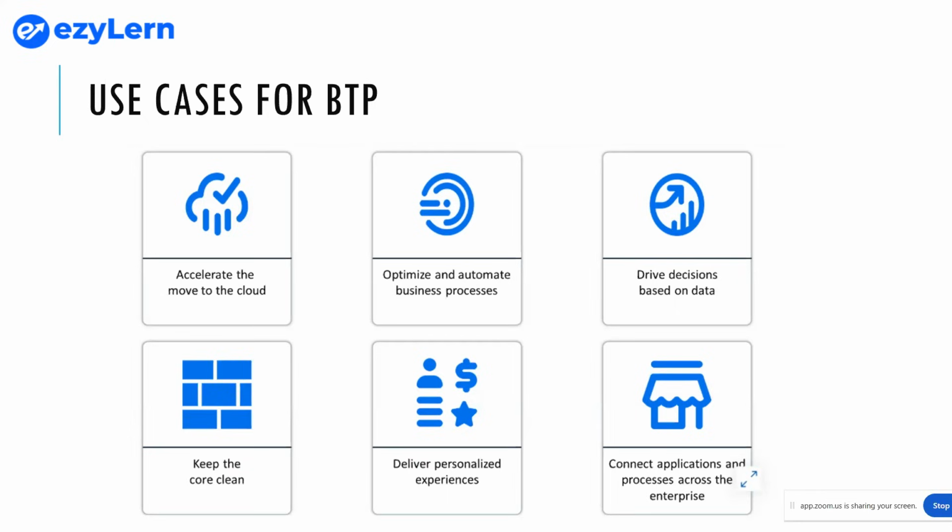Also, it offers automation for manual tasks using robotic automation technologies, and these capabilities align with SAP BTP core principles, which emphasize agility, efficiency, and the empowerment of business users.